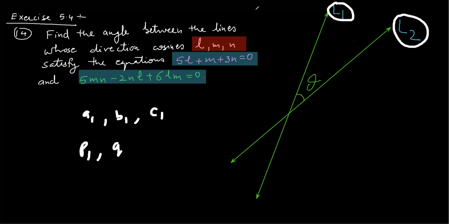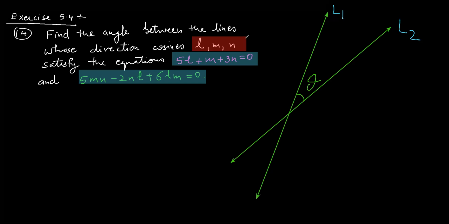For this LMN for L1, whatever number you get, for L, M, N for the first line, it will satisfy this equation and this equation both.